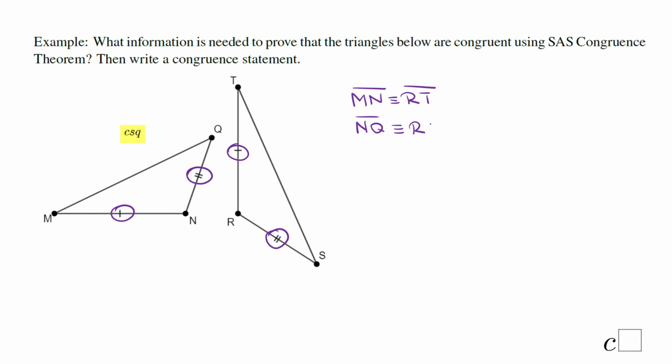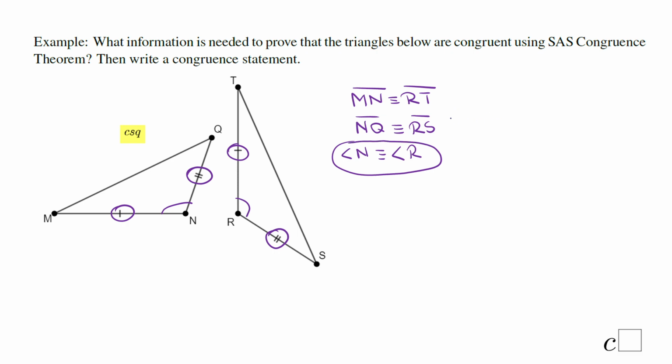Okay, so we need one more thing for that side angle side. It's the angle included. This angle N congruent to this angle R. So this is the information needed to prove these two triangles are congruent.